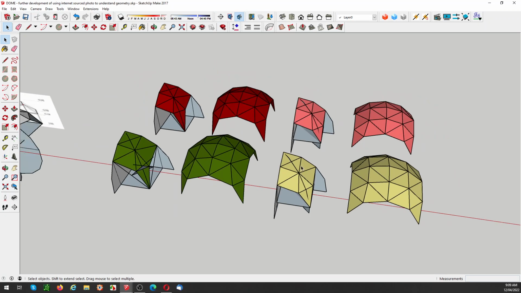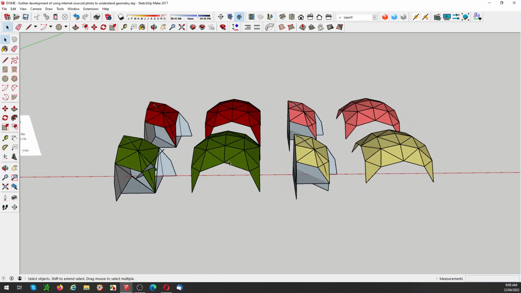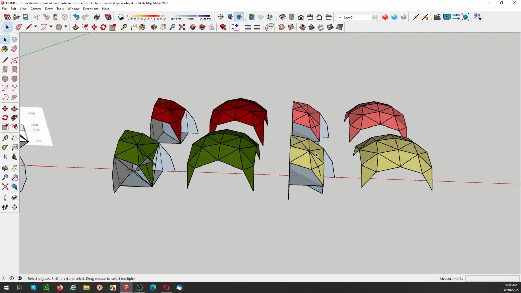Okay, so what I'm saying is, yes, it may well be a good goal to have these strut lengths the same, but when you adjust the leg and you try and get them the same again, you're adjusting other parts of the dome. That seems to be a backward step, unless the approach to drawing it allows for that to occur.